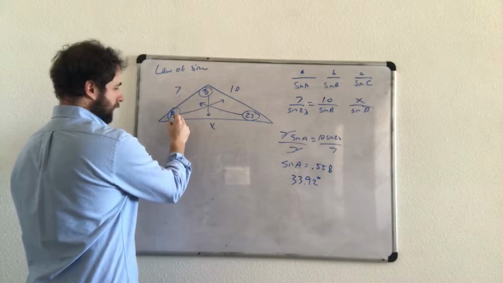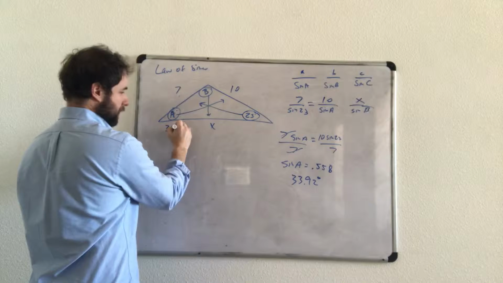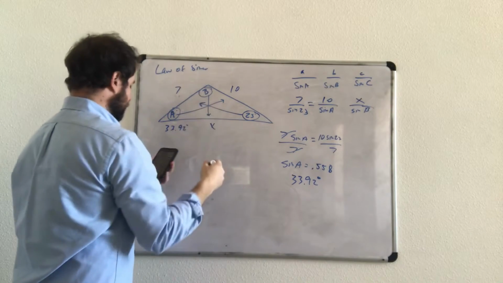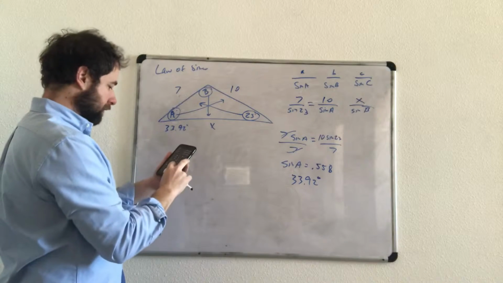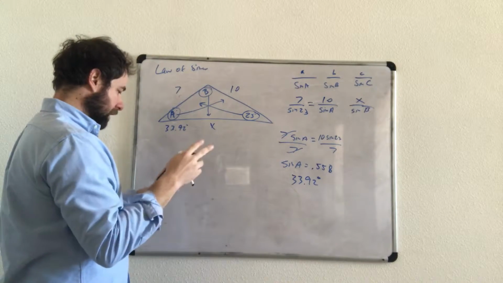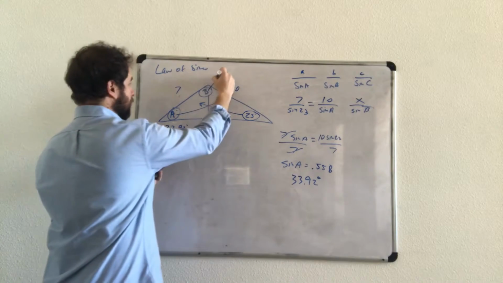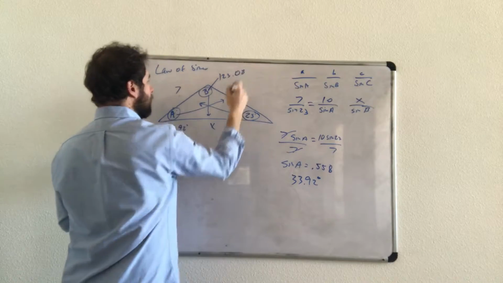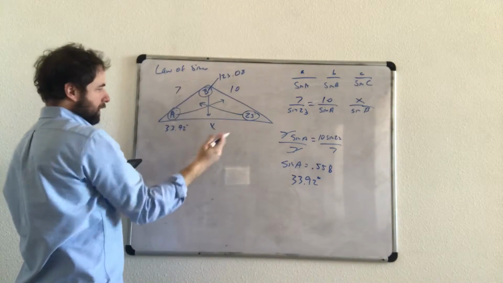So angle A is 33.92 degrees. Now, the way to find angle B is simply to add 23 and angle A, then subtract the sum from 180. So we get angle B is 123.08. They all add to 180, so that one's easy.